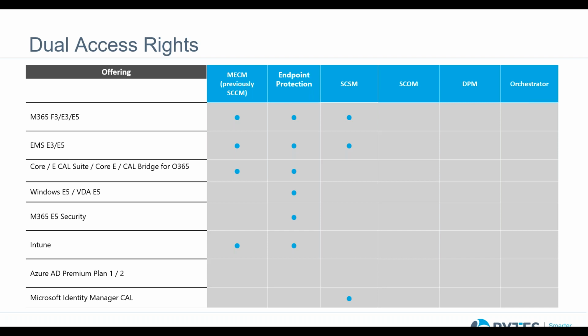So things like Endpoint Manager, if you have EMS or Microsoft 365 E3, you already have the license to be able to utilize those services of System Center to manage those client endpoints themselves. Anything else, things like SCOM and DPM and Orchestrator, they would be additional licenses that would need to be added if you are managing the endpoint side of things.